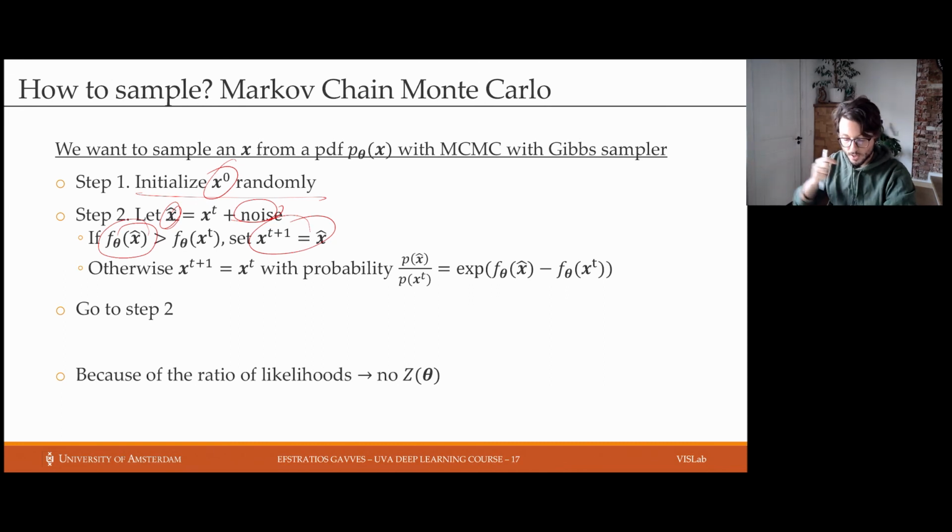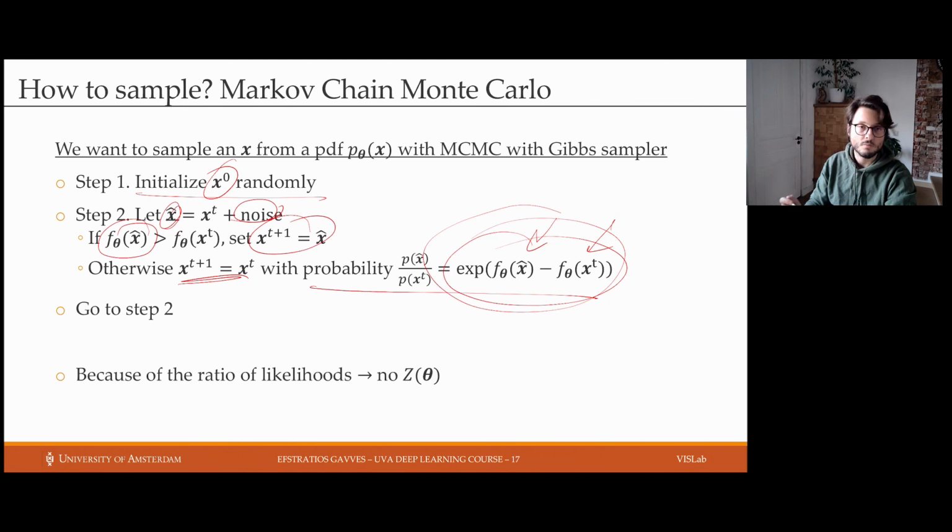However, it might be the case that by adding the noise, we arrive at a worse sample in terms of probability, and in that case, we don't immediately reject it. We can still keep it, but only with a probability equal to the exponential of the difference of the two scores. Since this is smaller than this, this is going to be a quantity smaller than 1.